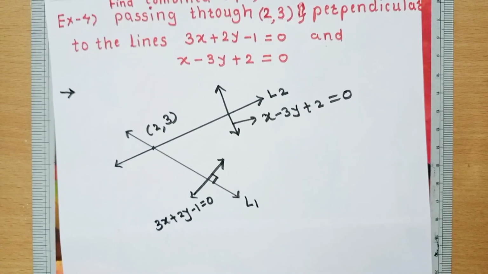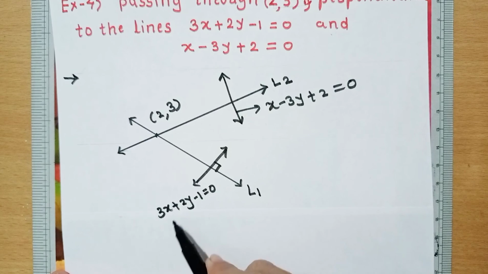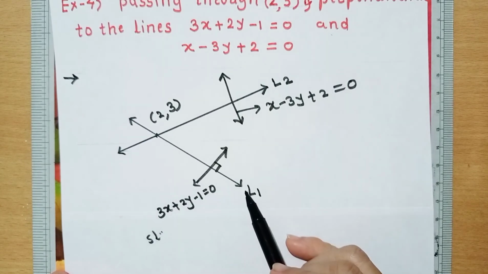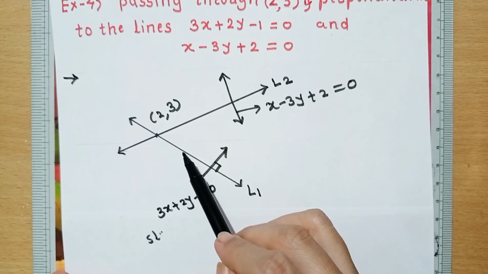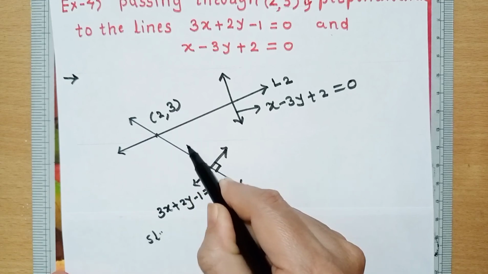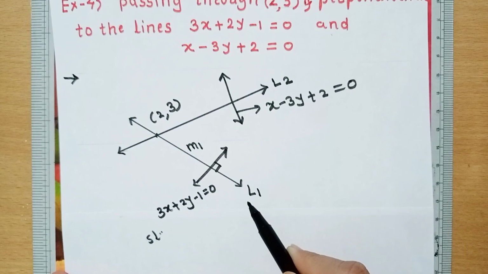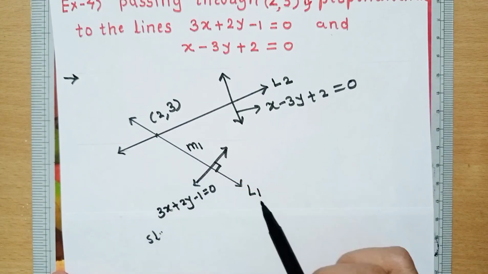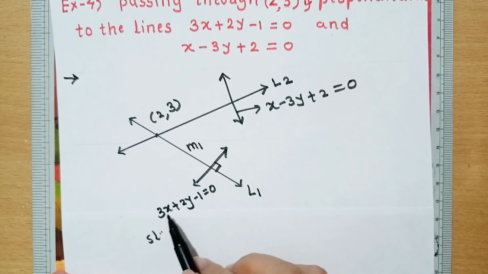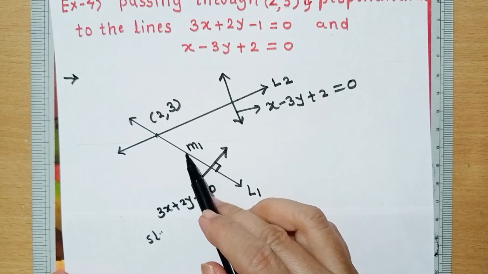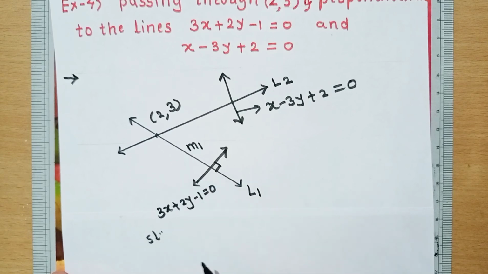So now first we will find the slope of this line. What we have to do? We have to find the equation of line L1, and we know that this line is passing through point 2, 3. So we have to find out the slope of L1. Then we can use slope point form and find the equation. So first we will find the slope of this line, and this line is perpendicular to this, so we can easily find that.